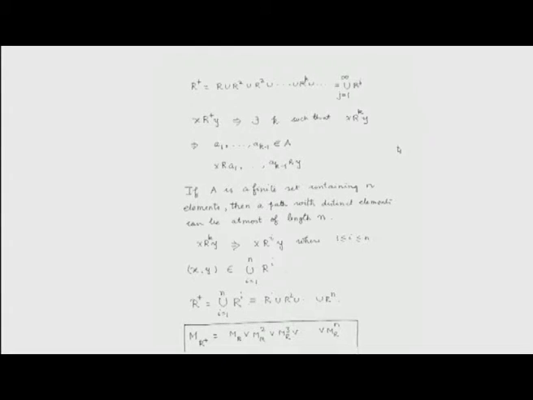This sum of powers of course gives us the matrix corresponding to the transitive closure, but the only problem is that it is very difficult to compute these individual products and then take the OR of all these products. We will now move on to Warshall's algorithm, but we will first see an example.